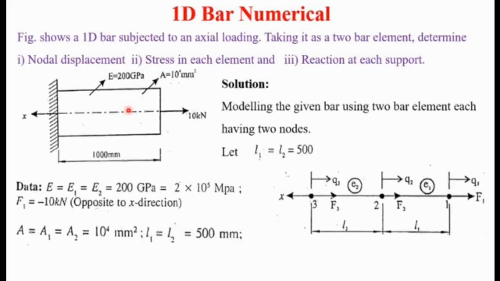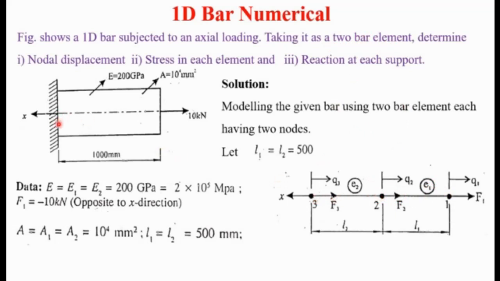Now, modeling the given bar using two bar elements, each having two nodes. First of all, we have to model this problem. Since the numerical says to take two bar elements, we consider this as the first element E1 and this as the second element E2.